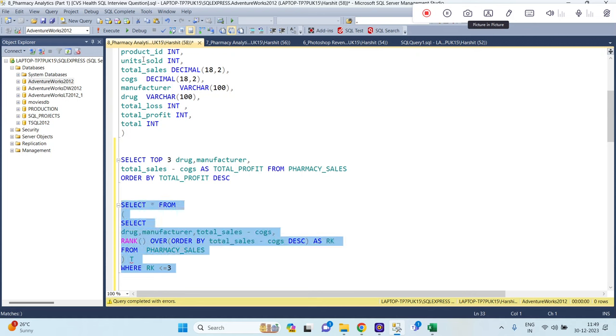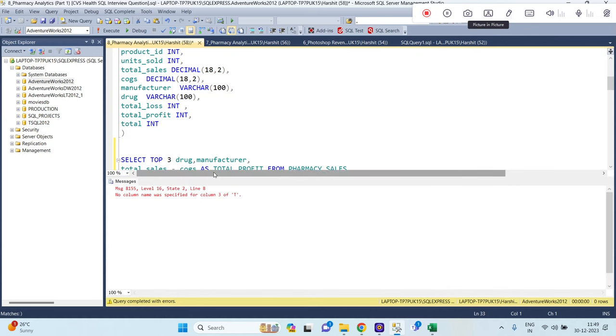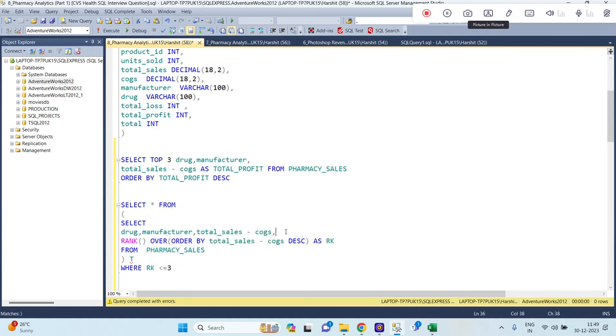Select star from in bracket. Okay. Now it will work, right?